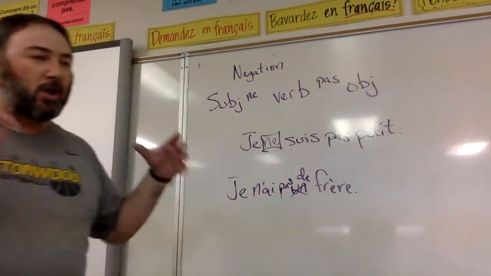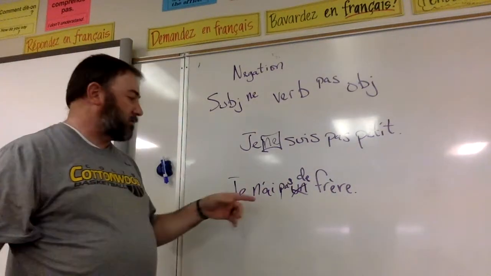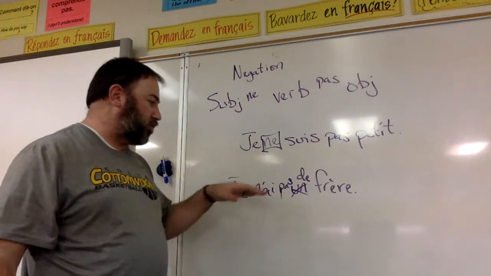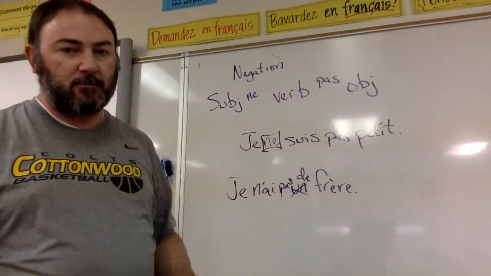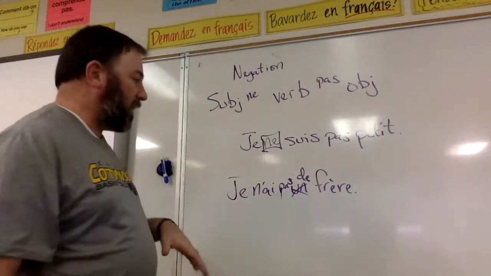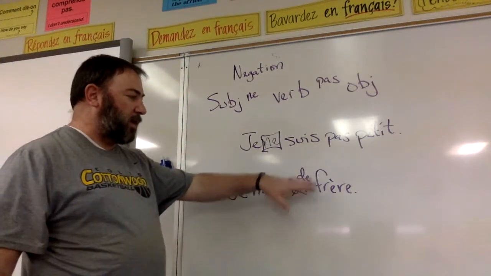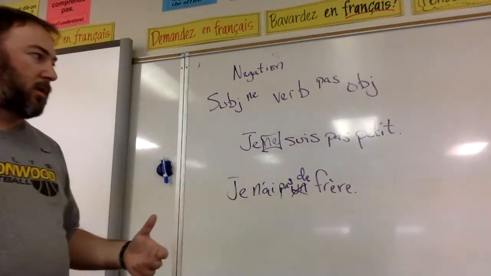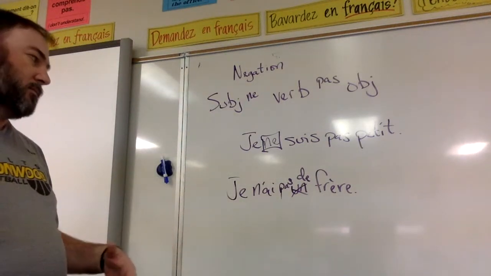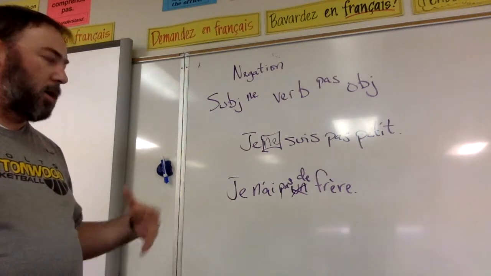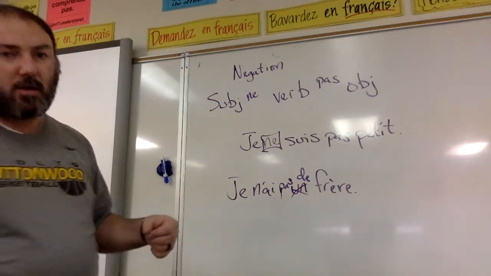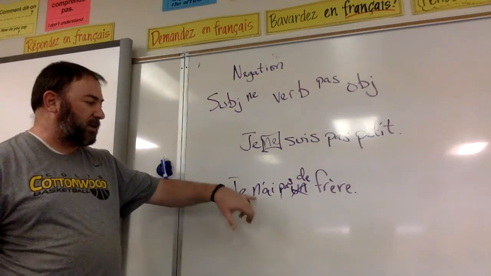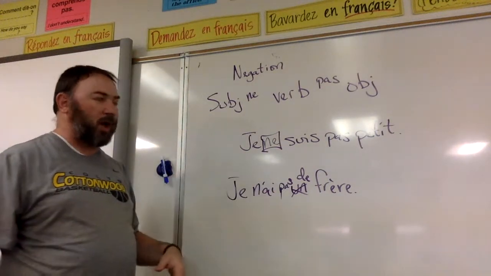So you have to join the two words. You put an N apostrophe in place of the E and A. So it's je n'ai pas de frère. Don't get hung up on the changing to de in the negative. That's something I'll mention a little bit later, so don't get hung up on that right now. Just pay attention to the N apostrophe pas.